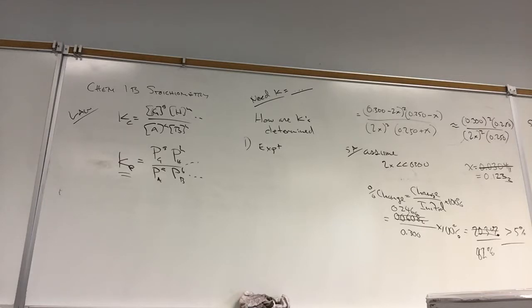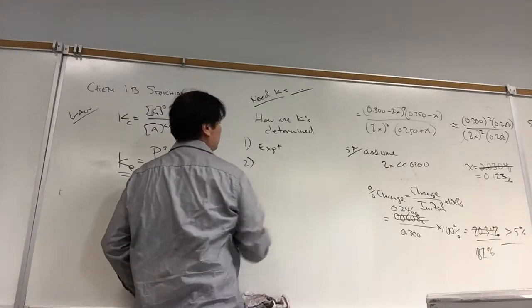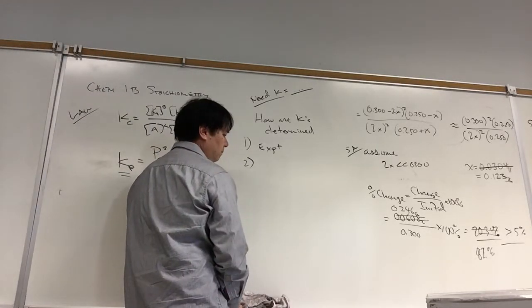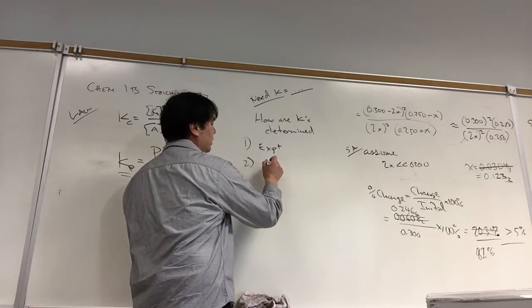For example, if you wanted delta H, do you have to do a calorimetry experiment, or are there other ways of determining delta H for a reaction? There are other ways of determining it. We can calculate it.